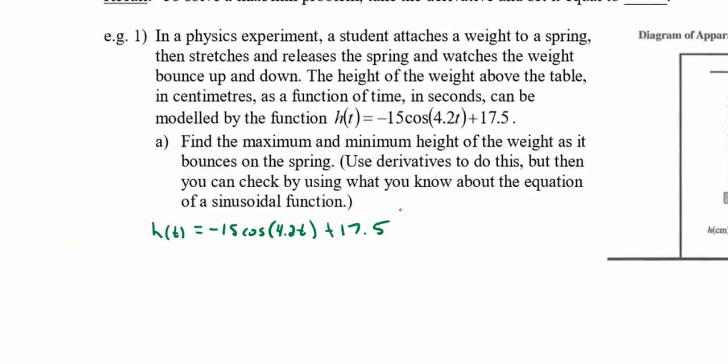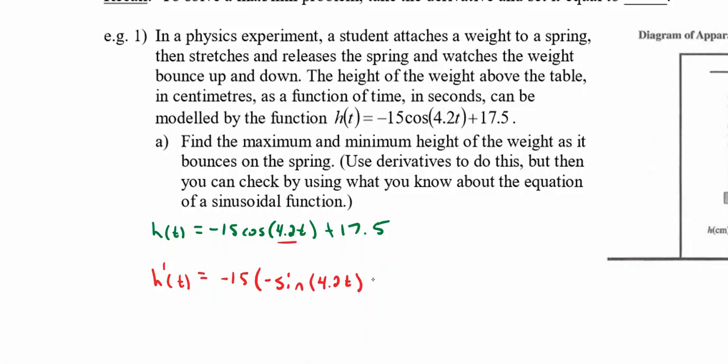Is there any way we can change this expression in terms of height into speed? Well, yeah, that's going to be taking the first derivative. So if we take the first derivative, then we'll have an expression for the speed of the system. So let's do that. H prime of t is equal to negative 15 times negative sine of 4.2 t, and then times the derivative of the inside, right?